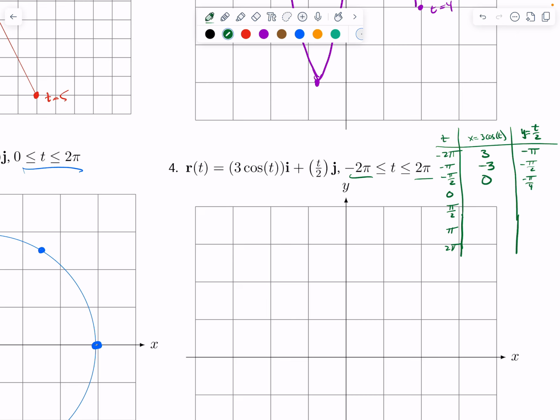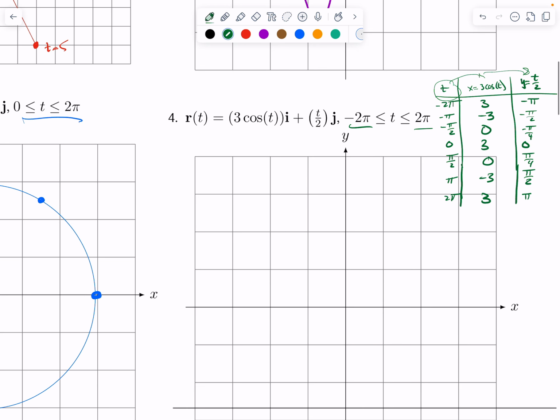This will be 0, 3, 0, 0, pi over 4. I'm just plugging in these values for t into the 2. 3, negative 3, and 3, and then this will be pi over 2 pi.